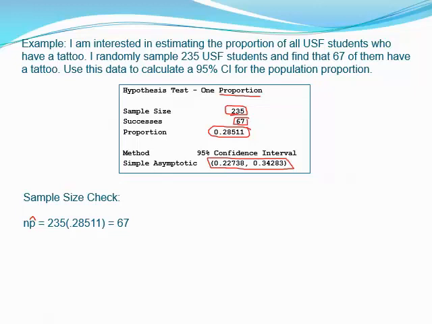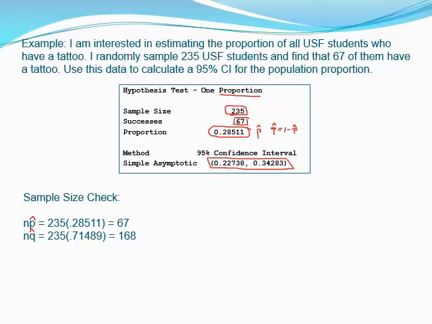We also need to check n times q. There's a two-part sample size check. Again, because I don't know q, I'm going to have to use the sample q. What is q? Q is the proportion of failures. So q hat is the proportion of failures in the sample. If this is p hat, my sample proportion of successes, q hat is 1 minus that.